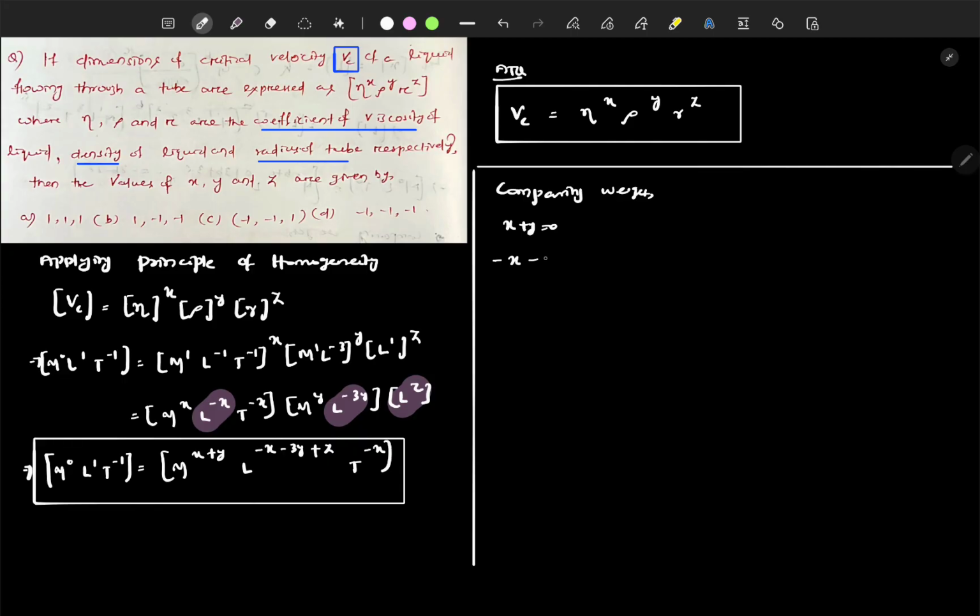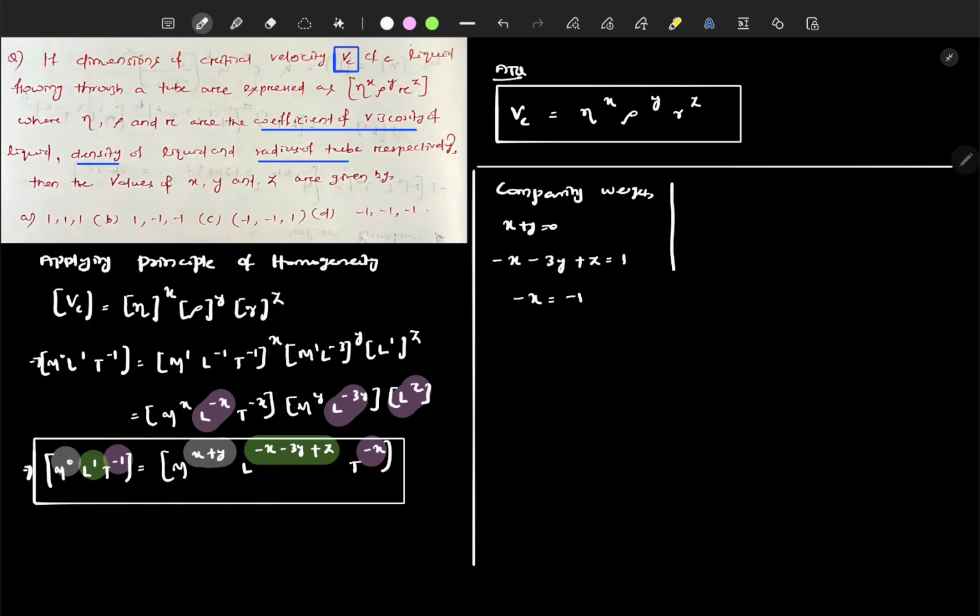Then minus x minus 3y plus z equals 1, and minus x equals minus 1. Comparing, we will get minus x equal to minus 1. Another one is minus x minus 3y plus z equals 1. And the third thing, x plus y is 0. Yes, these are the three equations.